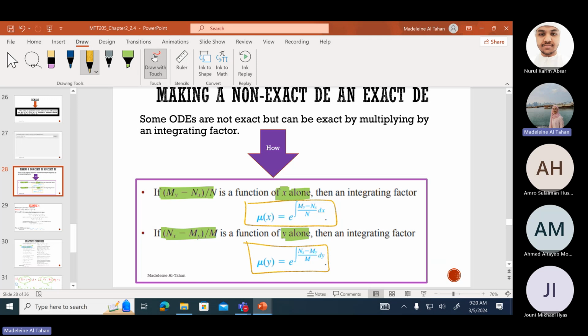What do we mean by simpler when we are talking about exact? It means that we are transforming the non-exact differential equation to an exact one. This part will be a little bit difficult to understand because it depends on the exactness. Hopefully, when we start section 2.5, it will be okay. So please write these notes. We will give an example to illustrate it, and then we will move on.